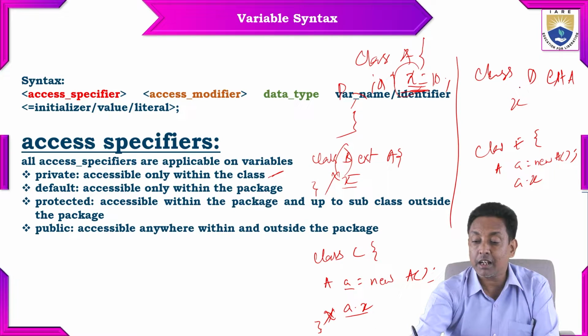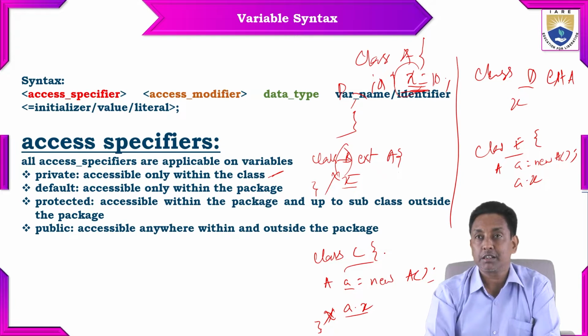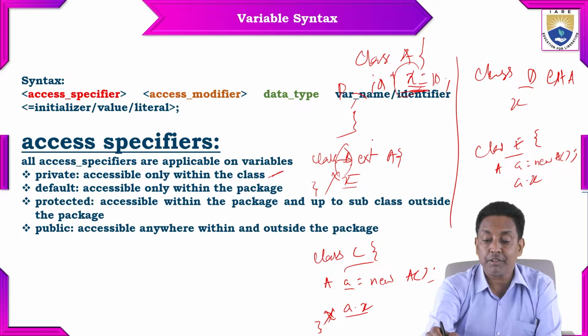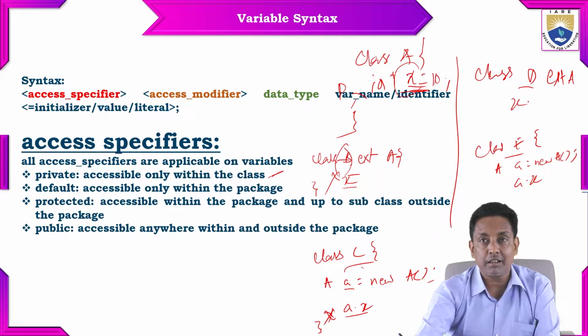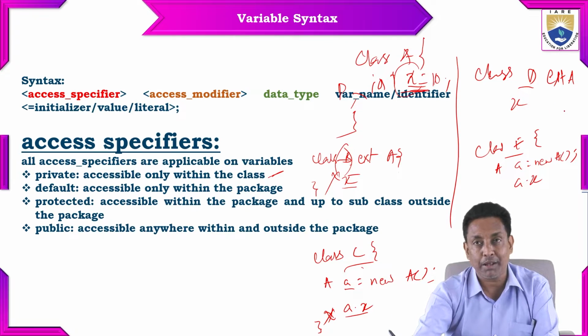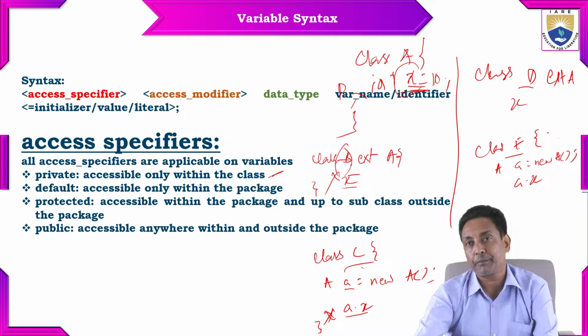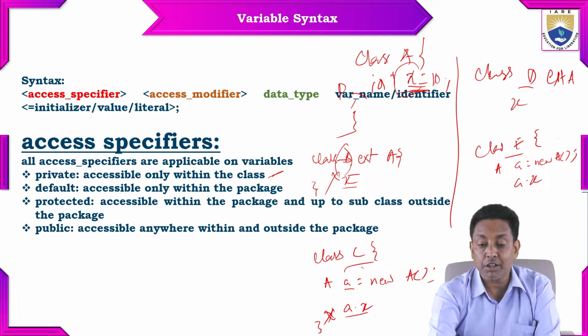These 2 classes are outside the package; these 2 classes are within the package. B is a subclass of class A within the package. C is an instantiating class of A within the package. D is a subclass of class A outside the package. E is the instantiating class of class A outside the package. A private member is restricted only to the class.